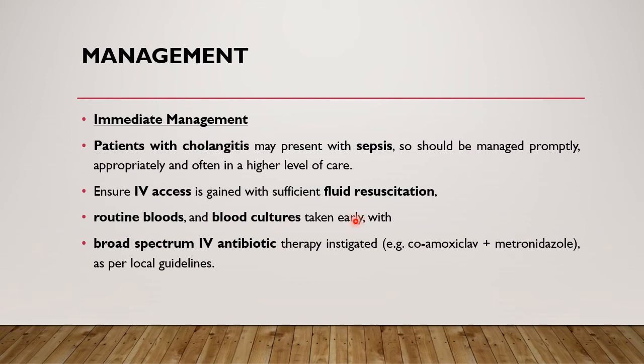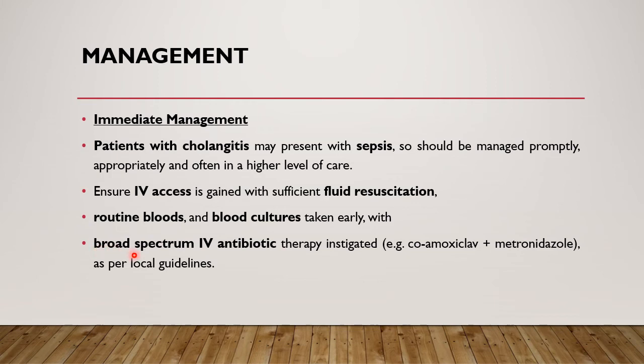early. As soon as the patient comes in, you suspect cholangitis, jaundice patient with fever, you must do a culture so that you can get the results and you can modify your antibiotics according to the culture report.